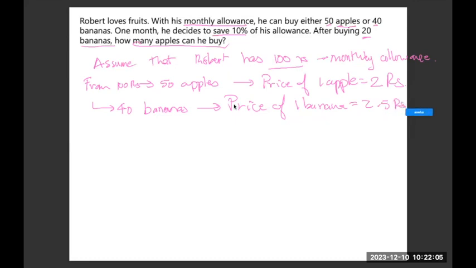Now he decides to save 10% of his allowance. So 10% of the allowance is saved, and the remaining allowance which he can spend on fruits will be 90 rupees.